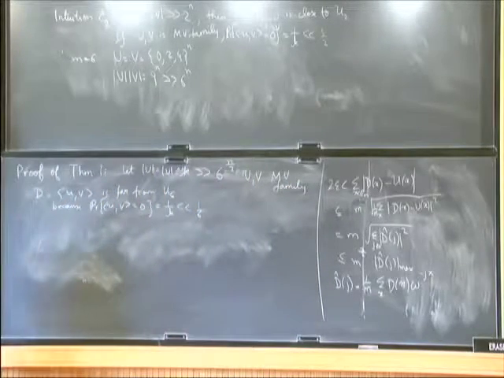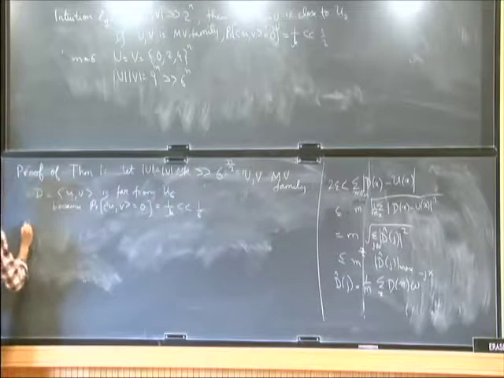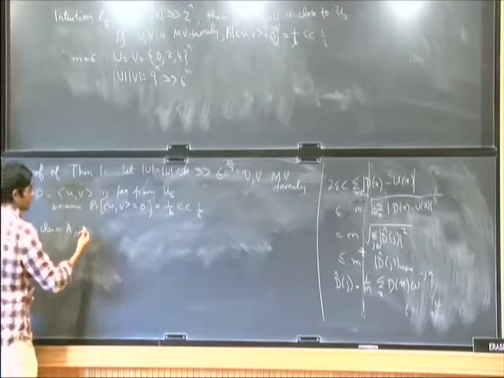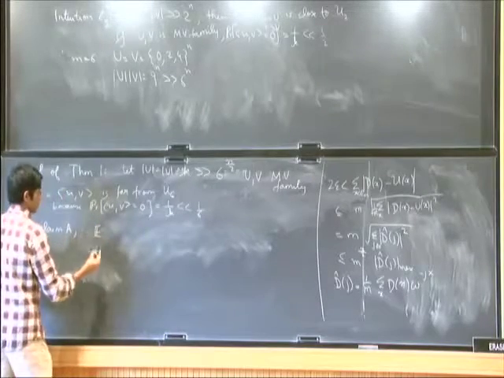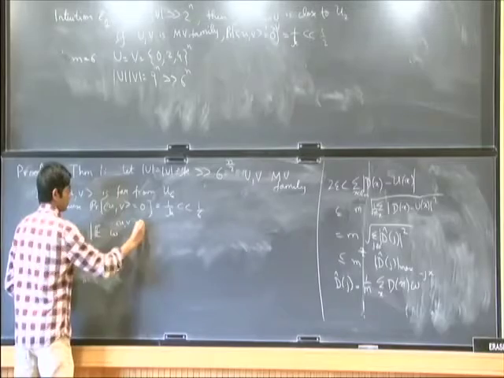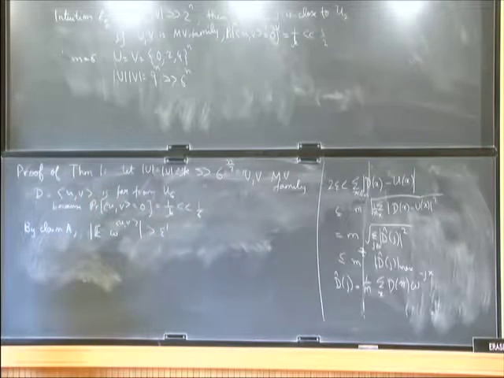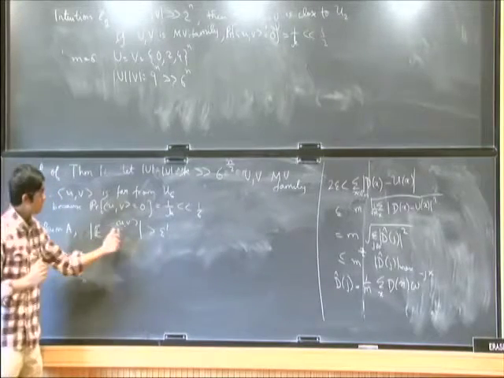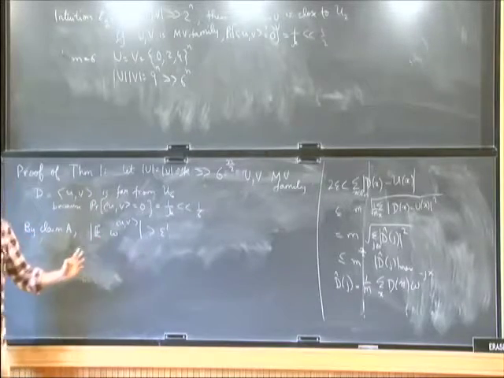Okay, so what do you get from here? By claim A, you get expectation of omega to the uv is large. Now observe that the only values of uv that matter are what it takes modulo s, where s is the order of omega.